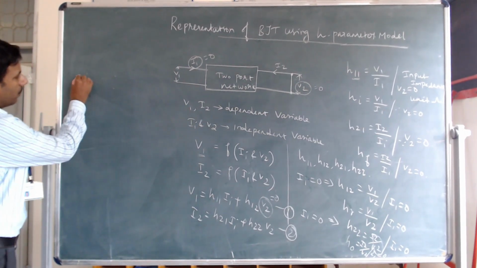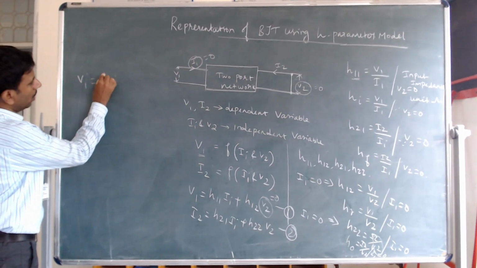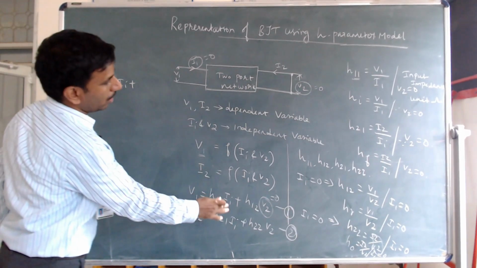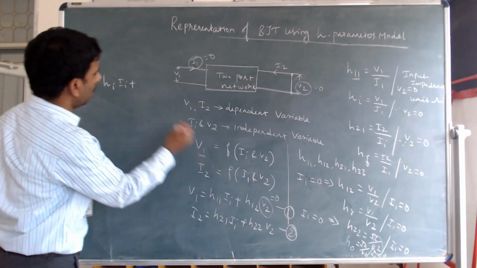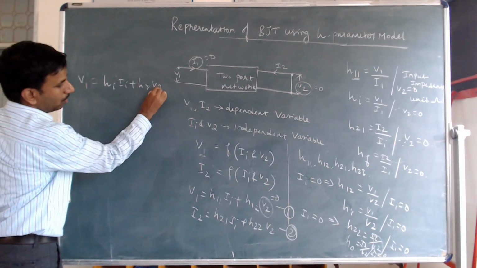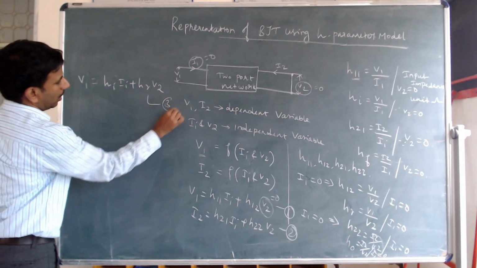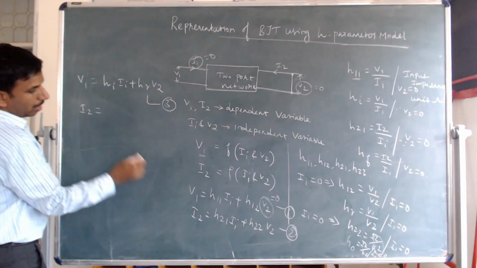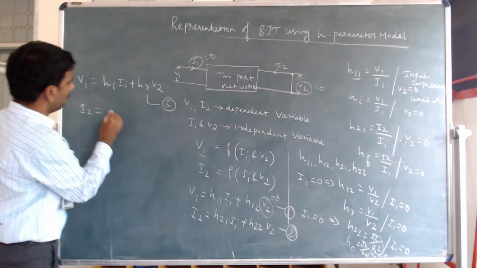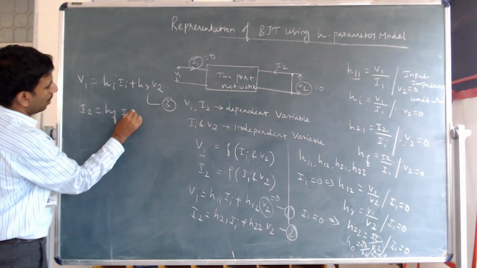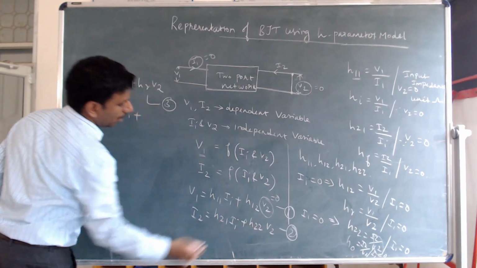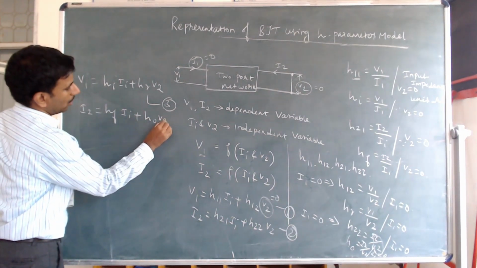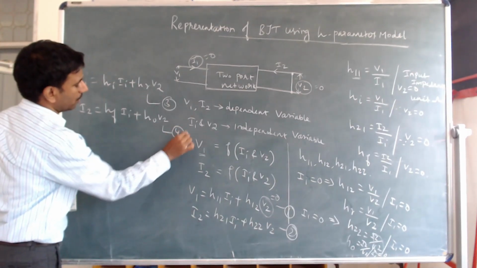V1 equal to Hi Ii plus Hr into V2. This is your third equation. The other modified equation is I2 equal to Hf into Ii plus H0 into V2, where H22 denotes the output admittance. We may take this as the fourth equation.